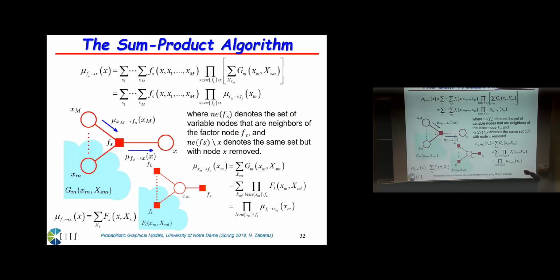The product of x1 to xm has to be outside because this is a function of x1 and xm. And here I have to integrate out all of these variables xsm affiliated with this subtree that hangs out of node xm. And this is what this thing does.